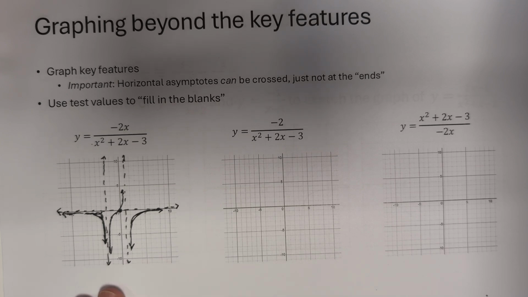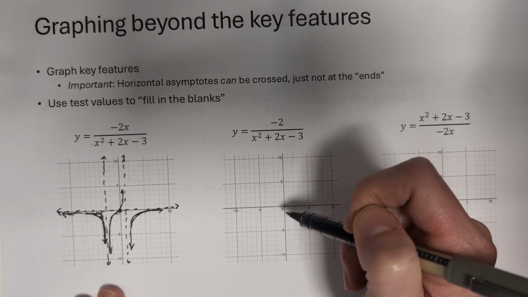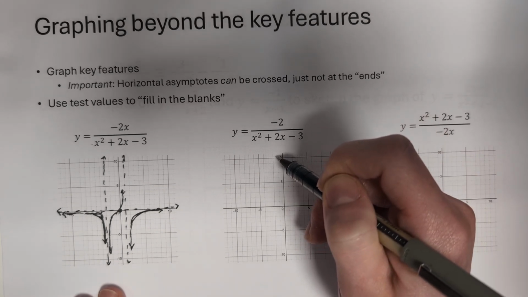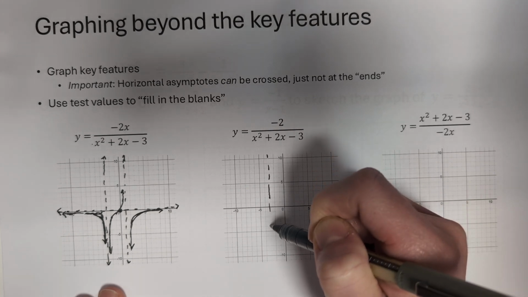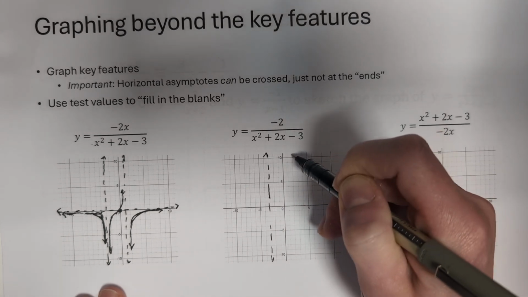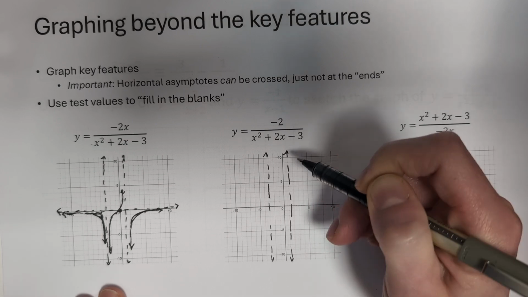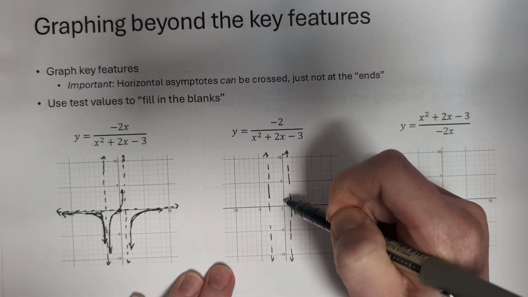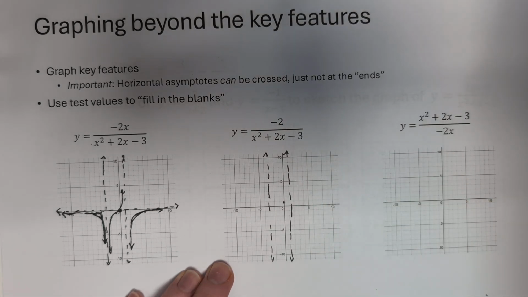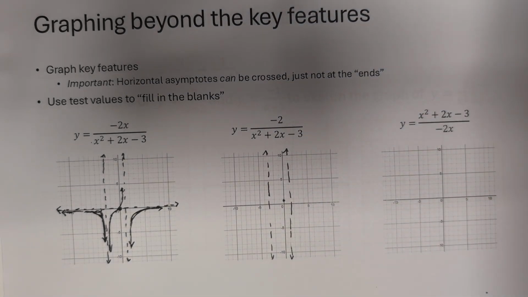In this function, we're still going to have the same vertical and horizontal asymptotes because the denominator is still the same. So x equals -3, x equals +1. We have a y-intercept at y equals 2/3. I'm now going to use a pencil to make this a little bit more clear of where this is. There it is.